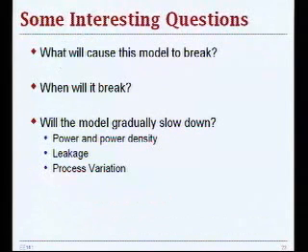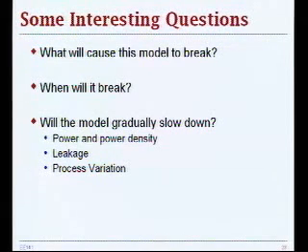And the interesting question obviously is, what will cause this model to break? When will it break? There is a lot of research now going on in these nanotechnologies, carbon nanotubes, alternative devices that are promising in terms of power consumption, and that's basically the reason why we kept changing technologies from bipolar to CMOS, and now we will see what will come after year 2010, when we have a lot of these opportunities being researched at this point in time.